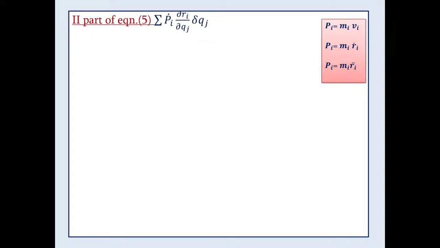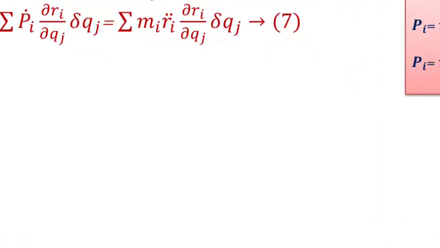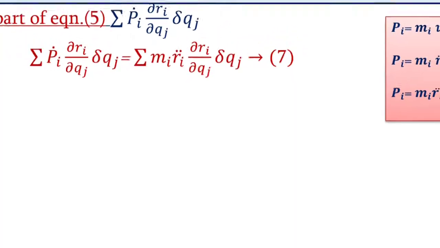Now let us evaluate the second part of equation 5. The second part is Pi dot dou Ri by dou Qj into delta Qj. In place of Pi dot, let us write mi Ri double dot dou Ri by dou Qj into delta Qj. Here mi is the mass, which we know. We want to know what Ri double dot dou Ri by dou Qj is.